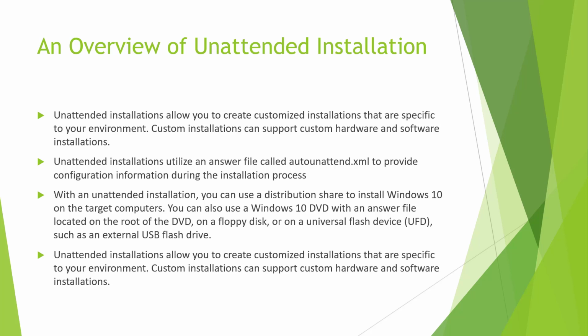If you have 1,000 machines to image, or 1,000 machines to install Windows on, you want an easy way to take an image, something centralized that is a base for all of the settings, and push it to all of the machines. The big thing here is that unattended installation uses what's called an autounattend.xml file, which is used for reading data into the installation process so the system knows how to handle it.